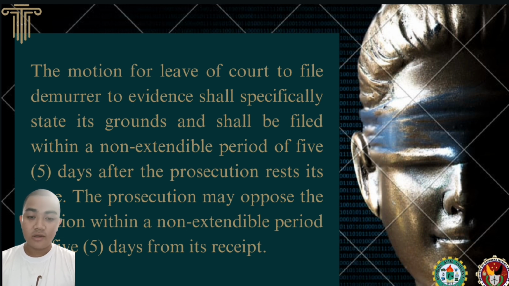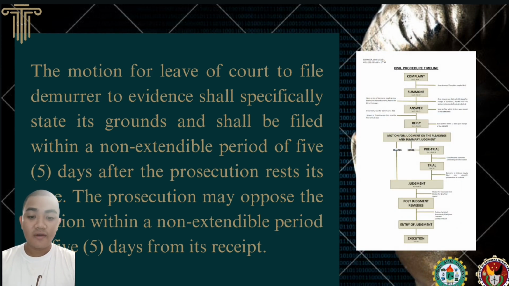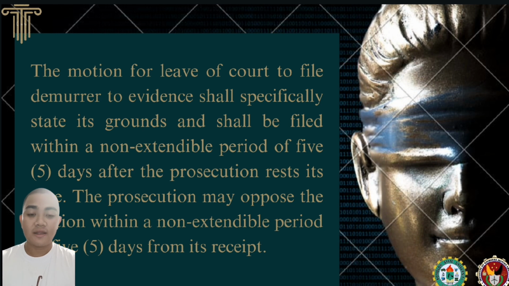And the timeline of demurrer to evidence: the accused has 5 days after the prosecution finishes to ask for permission to file the demurrer. If allowed, they have 10 days to actually file it, and the prosecution gets the same amount of time to respond.